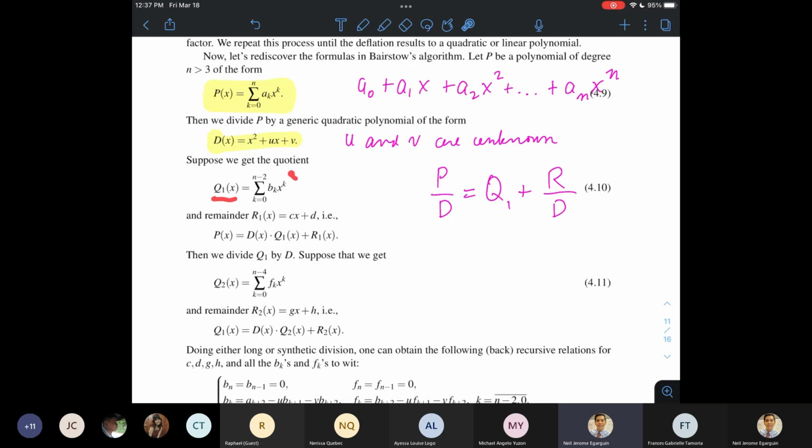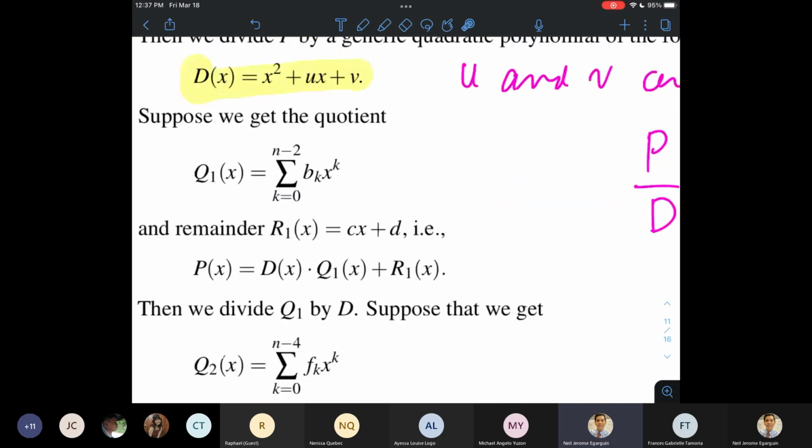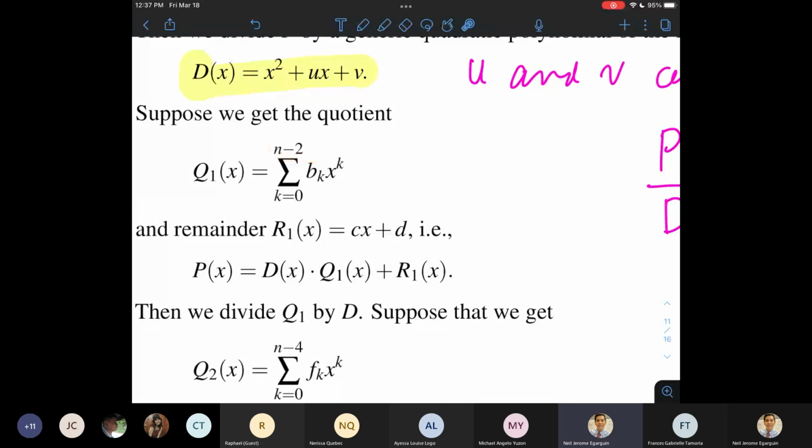So si q1, pwede nating masulat na ganito. So ibig sabihin si q1, siya ay degree n minus 2. So if we started with p of degree n, so si q1 dapat degree n minus 2 siya. Okay. Tapos tawagin natin yung coefficients ay mga b sub k. Alright? Tapos yung remainder r sub 1, kasi nag-divide tayo by a quadratic polynomial, yung remainder at most linear yan.